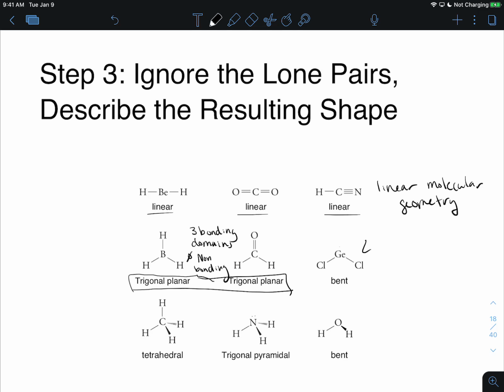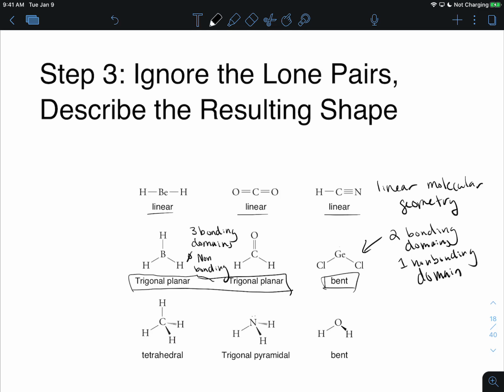In the case of our germanium dichloride, we have 1 lone pair, so we have 2 bonding domains and 1 non-bonding domain, which means we are going to have a molecular geometry that is different from our electron domain geometry, and in this case, it is a bent structure, giving us that less than 120-degree angle.